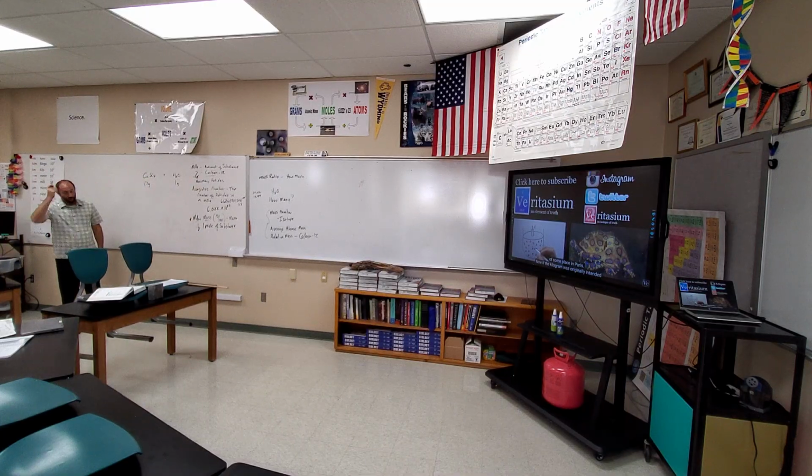So how many grams is 1 mole of copper? 63.546. Okay. And how many pieces is that? 6.02 times 10 to the 23rd.